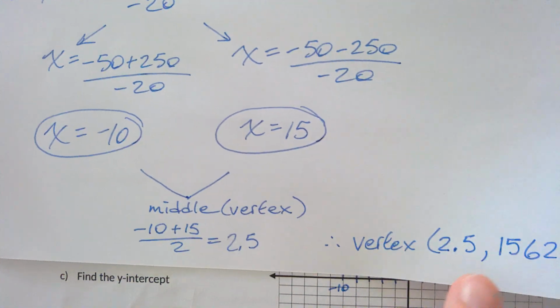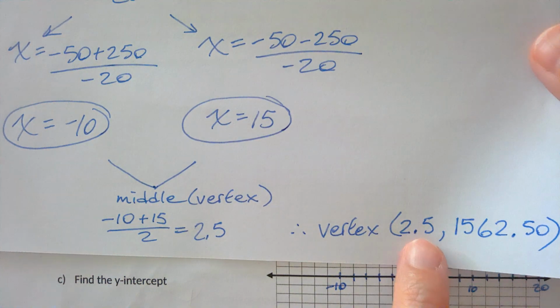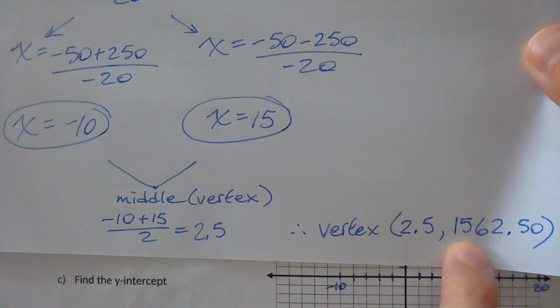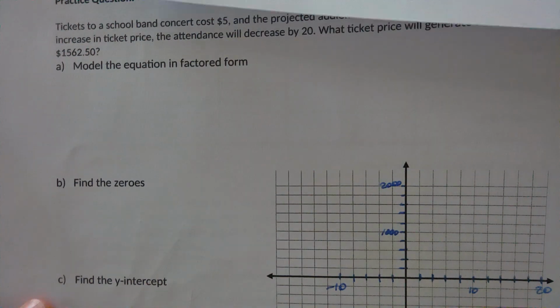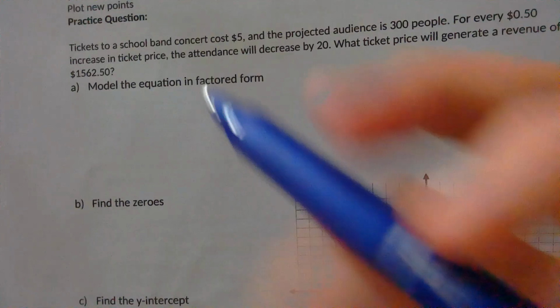So this is where that 1,562 comes in. At 2.5, it's at 1562.50. So this is your vertex. And then the y-intercept is just the 1500 right here.